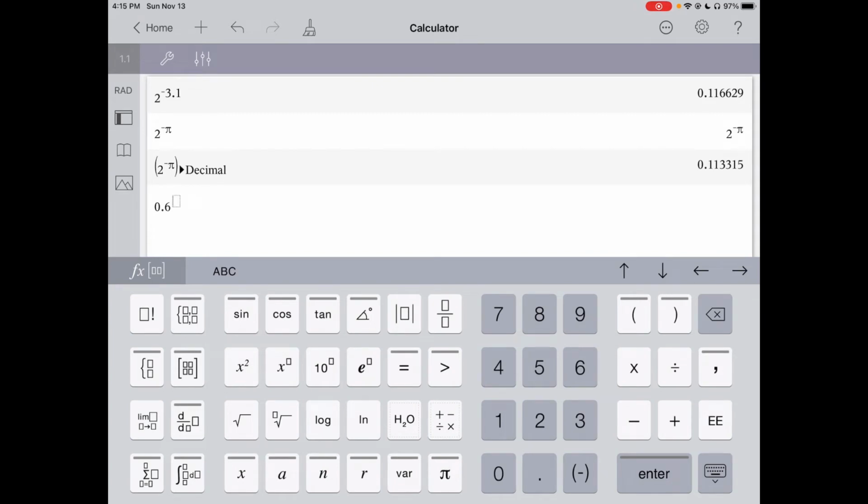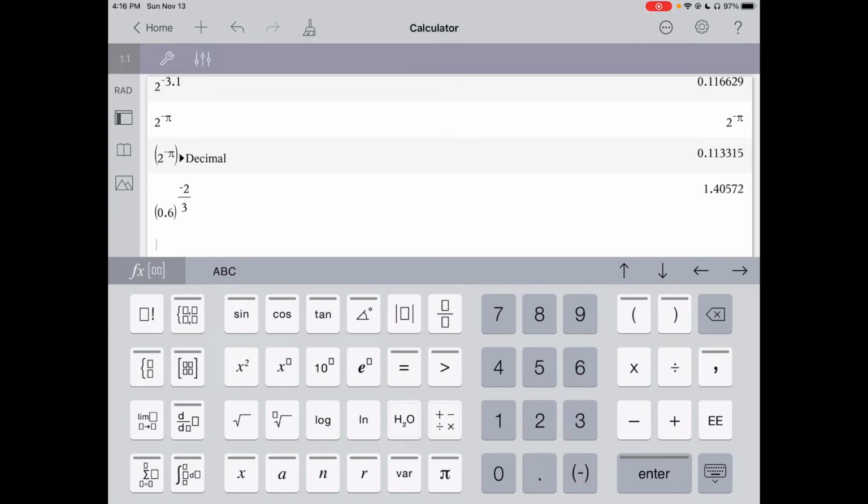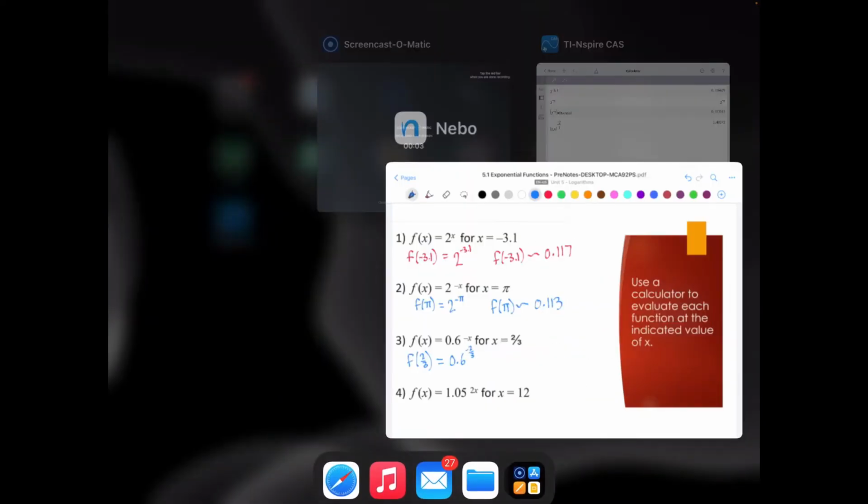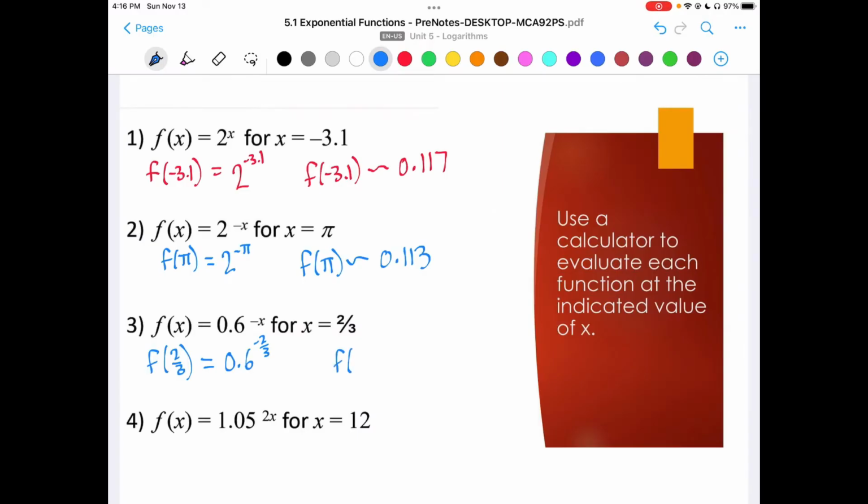So we would just make sure that all of that stays up in the numerator like it should. Hit enter. And I get 1.406, if I read it right. So f of 2/3 is approximately 1.406.